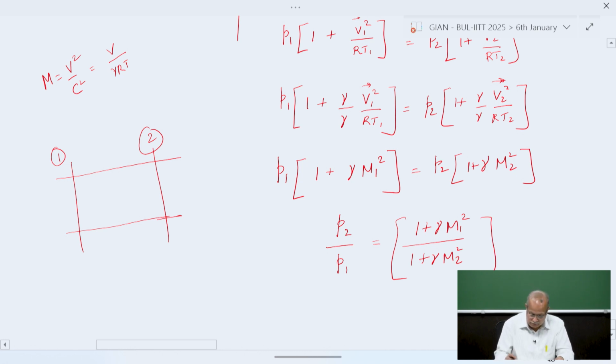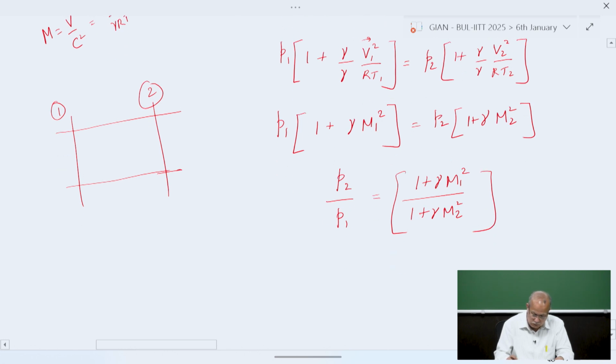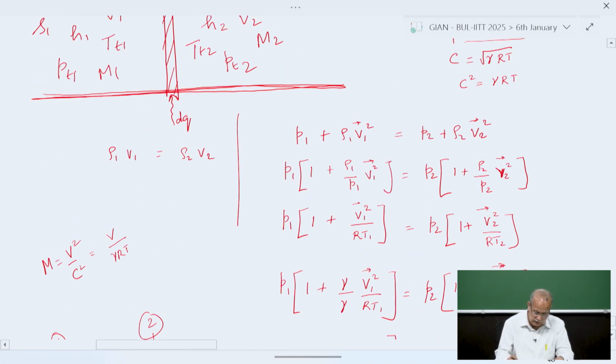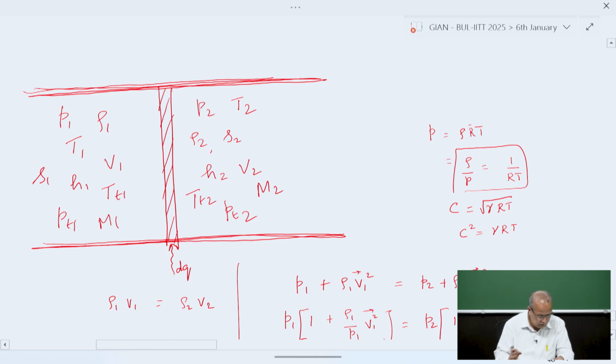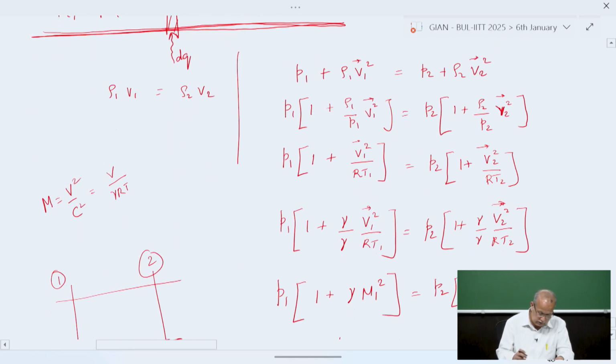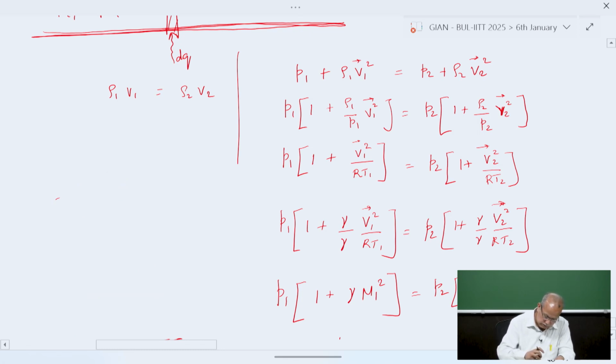So now we know the value for P2 by P1. We don't have to do it for all the properties, I just wanted to show how this is done. Similarly, we can also write it for all other properties.